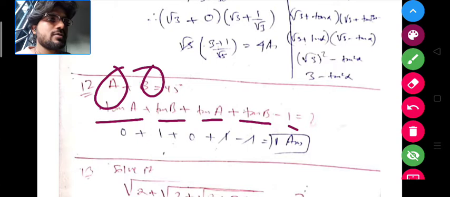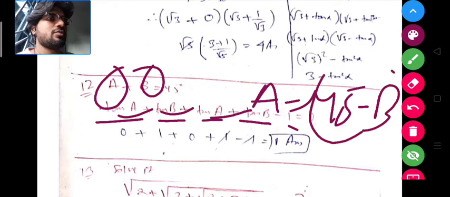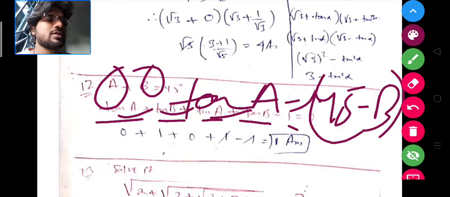There are two ways to do this question. Either you convert all these into single theta: take a is equal to 45 minus b, then in place of tan a put tan of 45 minus b, which is equal to cot b, then you cancel it out.